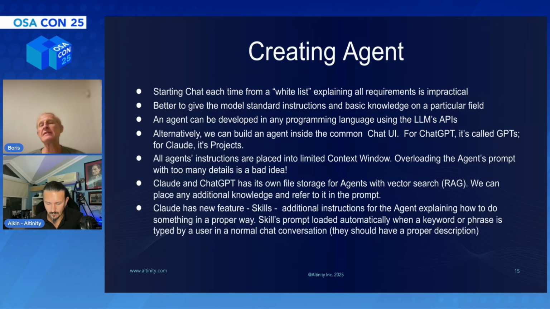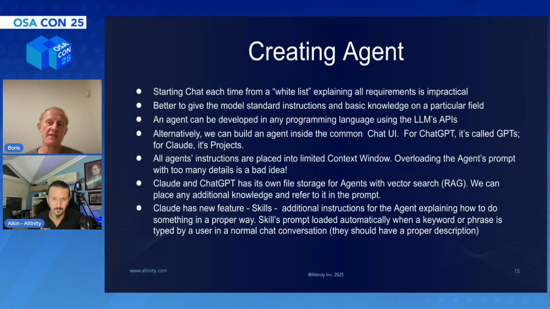In Claude, it's called projects. So you could create an entity named project, provide a prompt, and go to the project and start exploring data inside the project. The prompt will be applied to each chat you start inside the project.